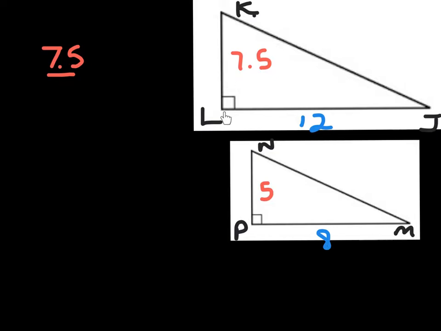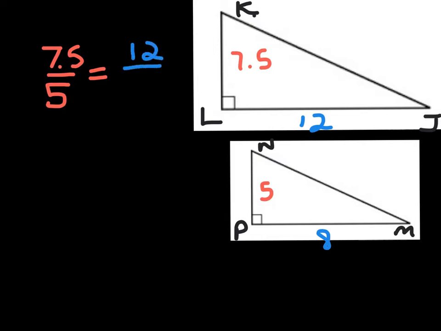The corresponding side of LK in this triangle is PN. The measurement of PN is 5. So I need to put 5 underneath 7.5. Now for the other side of the proportion, I need to put LJ for the second side. LJ is 12. So I'm going to put 12 on top.